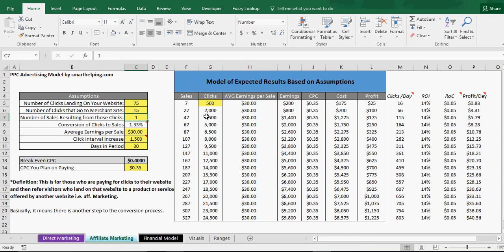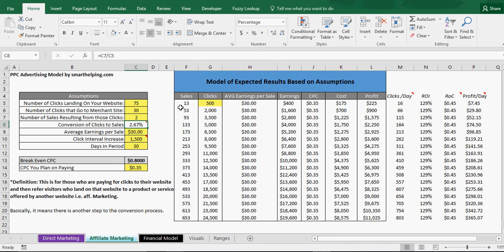Look at it, if we just double this, or put this sale to 2 instead of 1, so for every 15 that go from your site to the merchant, it's double, and that could be a factor of more people going from your site to the merchant. So let's say that doubles, in turn this doubles. Now look at how much more profit in that same scenario of 8,000. You're making $3,600 instead of $400.